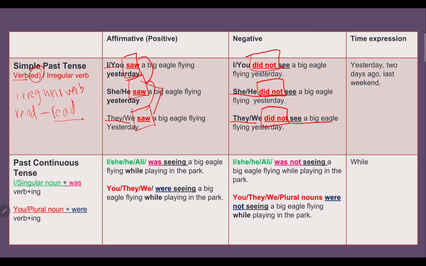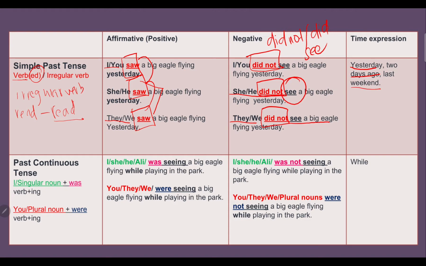So remember everyone, when you use did or did not, the verb must be in root form. For example here, did not see. You cannot say did not saw. You must say did not see. Okay, the time expressions for simple past tense are yesterday, 2 days ago, and last weekend.